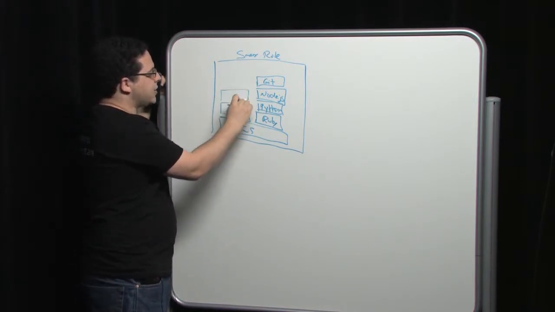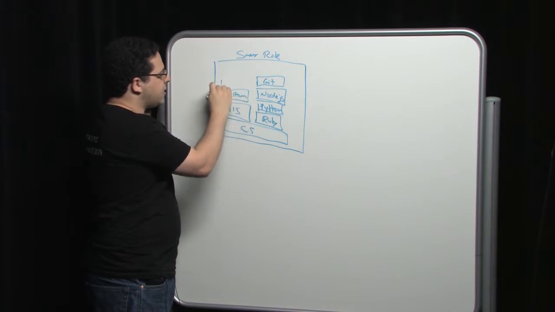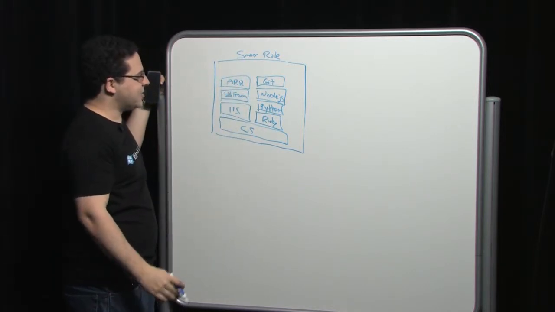Over here it installs the web farm framework in IIS and the pirate module, application request routing.